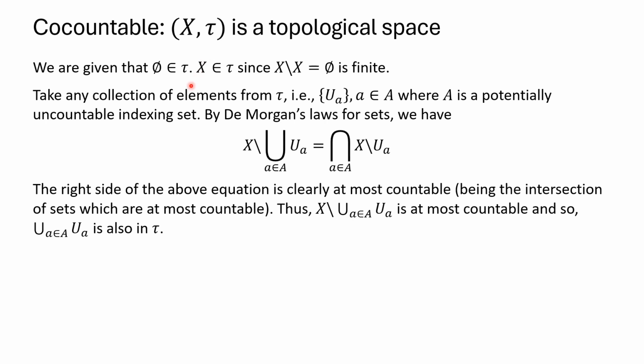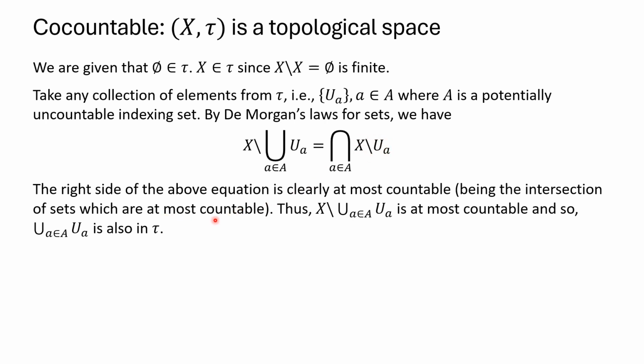Take any collection of elements from tau, U sub alpha, where capital A is an indexing set, potentially uncountable. By De Morgan's laws for sets, the complement of the union of these open sets equals the intersection of the complements of the individual sets. And this right side here is clearly at most countable because it's the intersection of these sets which were at most countable.